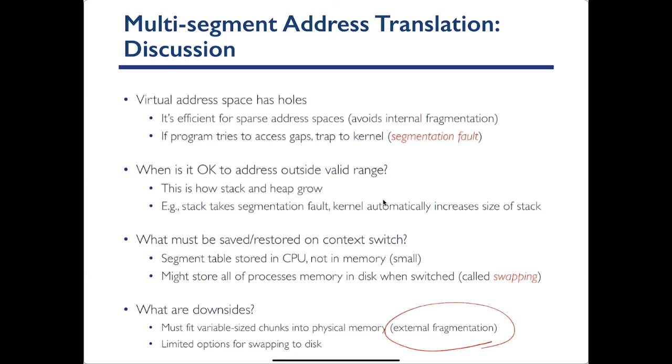Because when a new process comes with different sizes in its segments, then there might be a chance that you have enough memory in total, but none of the free regions are big enough to fit a segment, because the free spaces that you have are different sizes, and the segment that you want to allocate has a different size.